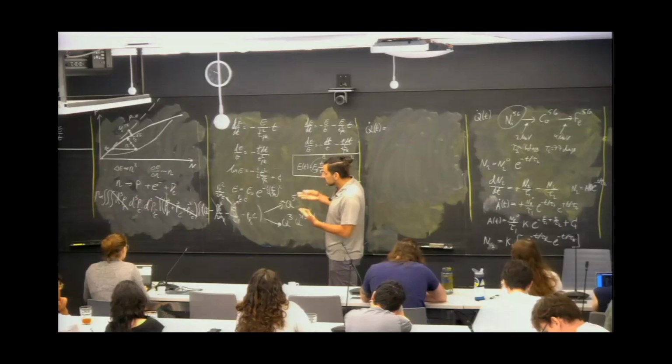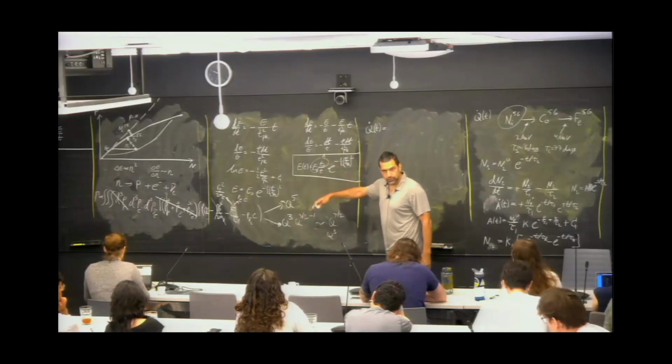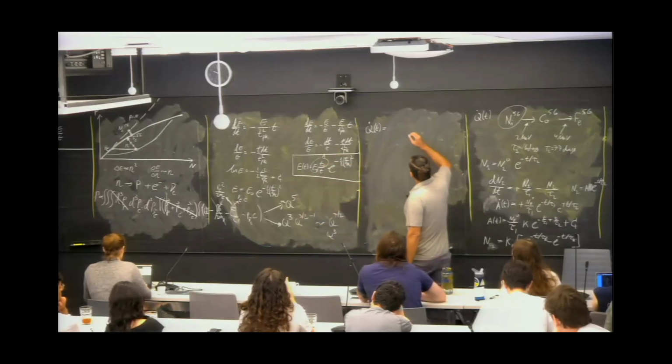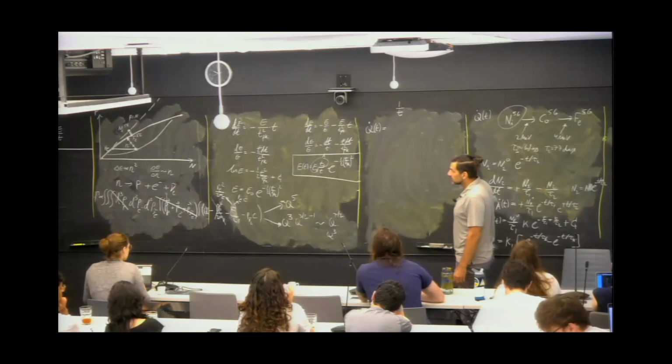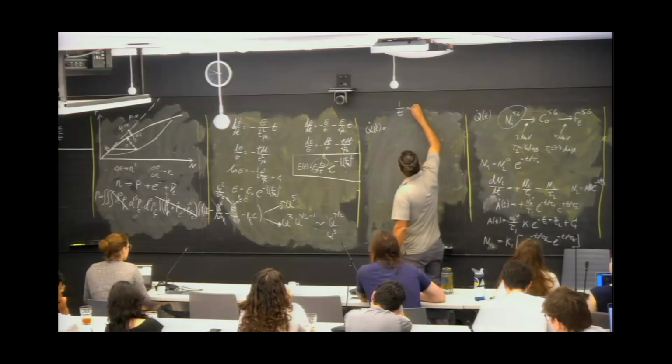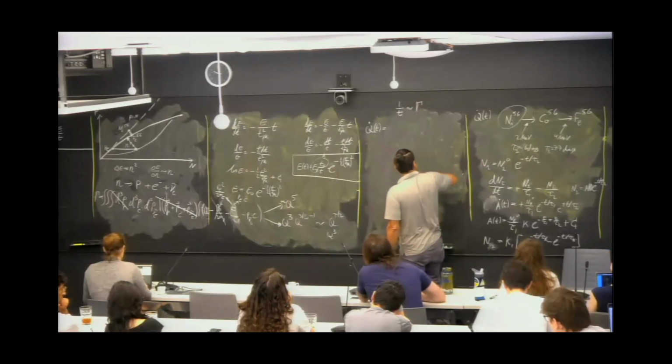And therefore the time scale at which they live is inversely proportional to that. And the idea that I'm trying to use is that 1 over t is equal to the decay rate. Let me explain this.